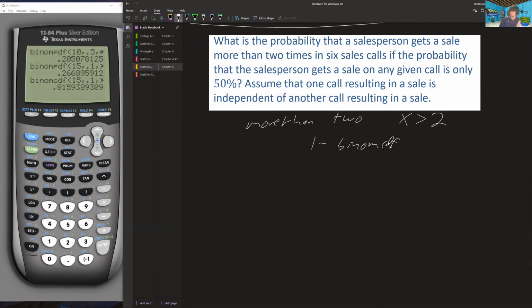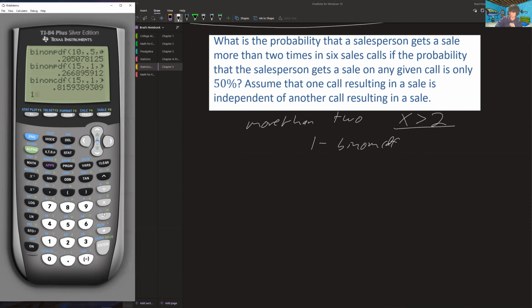And again, we're doing the 1 minus here because this is greater than, and my binomial distribution does less than or equal to. So I'm going to do 1 minus binomial CDF.